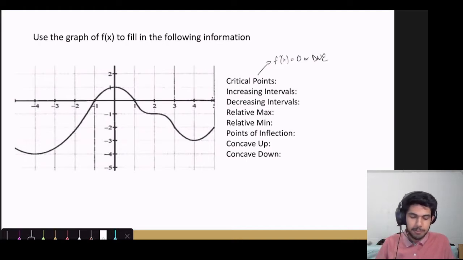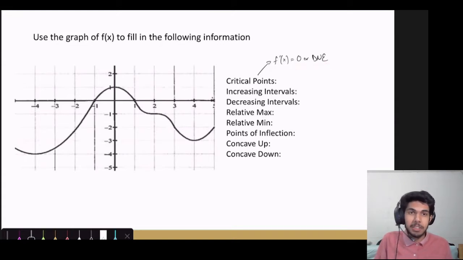Well, what is the first derivative of a function? We have the graph of f of x. By definition, the first derivative is the slope of the tangent line at some point x. So we want the slope of that tangent line to be 0 or DNE.